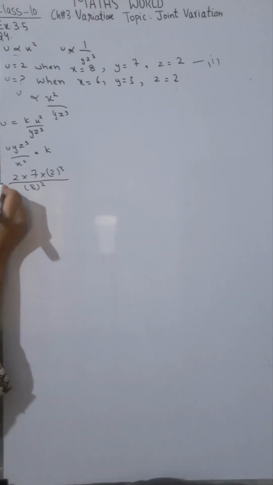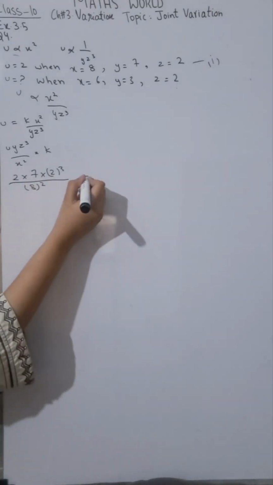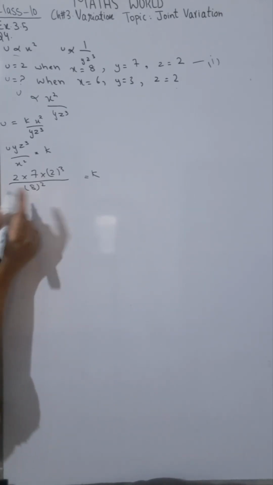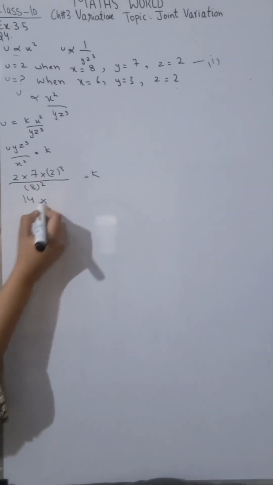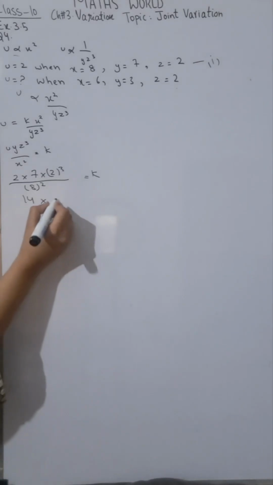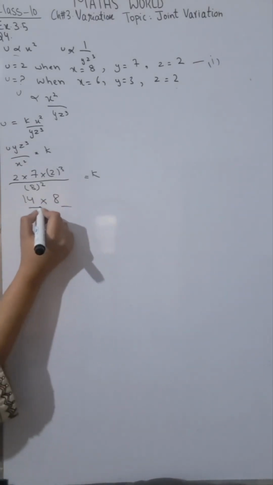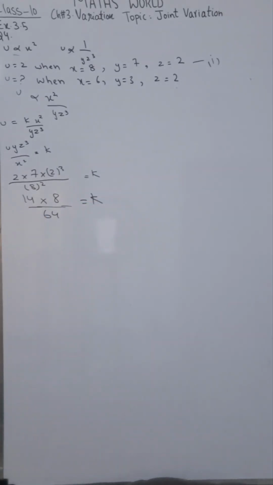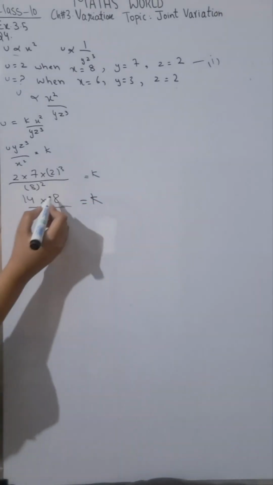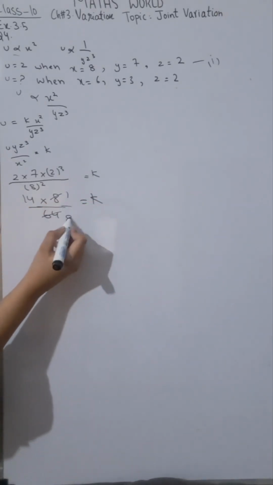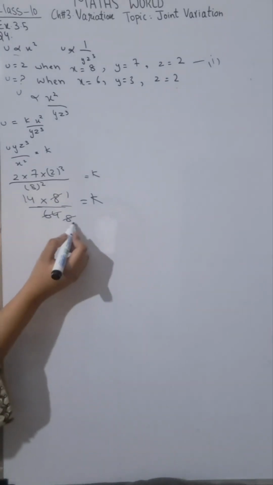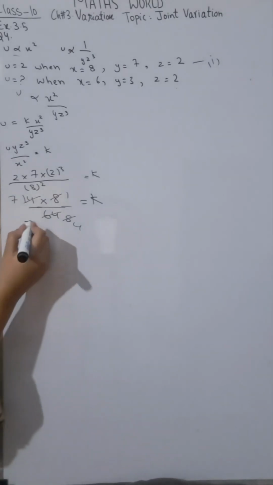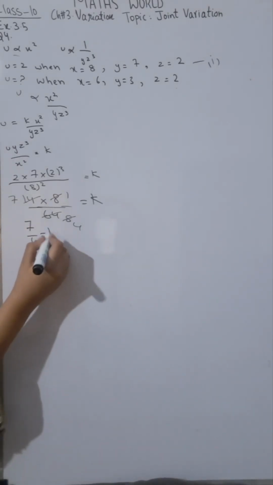So 2 multiplied by 7 is 14, multiplied by 2 cube which is 8, and 8 square is 64. That is equal to k. Simplifying, 8 ones are 8, 8 eights are 64, 2 fours are 8, 2 sevens are 14. So 7 by 4 is the value of k.